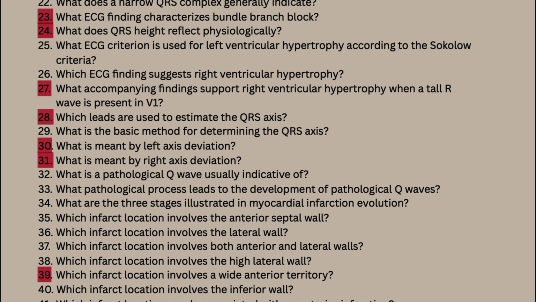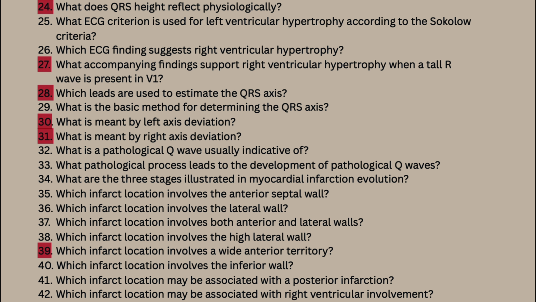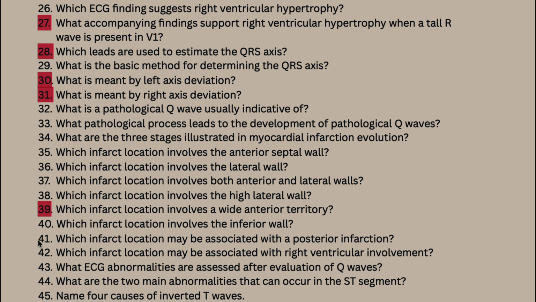Let's look at question 40 to 46. ST segment and T waves. Following assessment of the Q waves, evaluate the ST segment, T wave, and QT interval. The ST segment may demonstrate either ST segment elevation or ST segment depression.